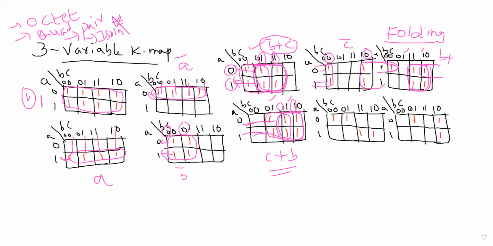Then the second group, this pair, is present in only one row, so it becomes A bar. If you observe the columns, which one is similar? C bar is similar. Therefore, A bar into C bar. This is the output: B plus A bar into C bar.